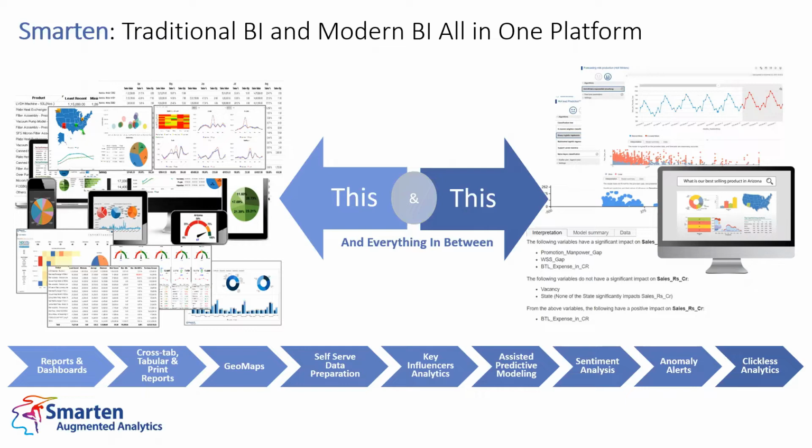Then assisted predictive modeling, which we are going to see in today's webinar. In assisted predictive modeling, users can create, share, and use predictive analytics without writing any statistical algorithm or without using any tools like R and Python. Then it also has sentiment analysis. If any organization is collecting any text related data, it can be from your internal employee rating form, or your customer feedback form, or your data coming from your social media handles.